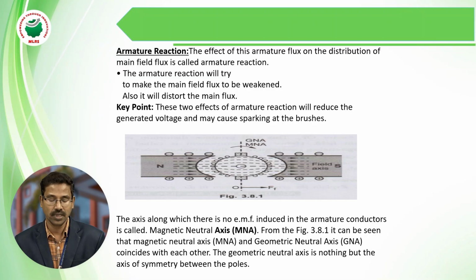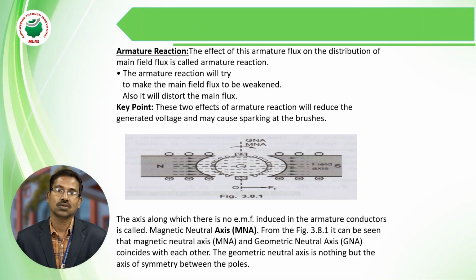This armature reaction shows two effects. One is called the demagnetizing effect, and the second one is called the cross magnetizing effect. What is meant by demagnetizing effect? Demagnetizing effect means there is a reduction in the main flux.